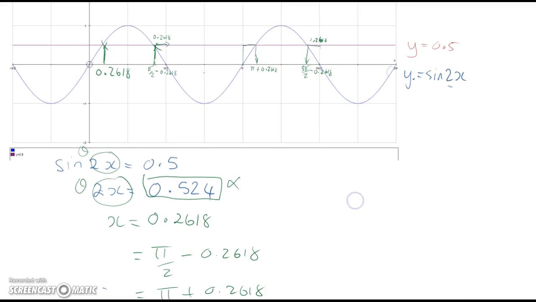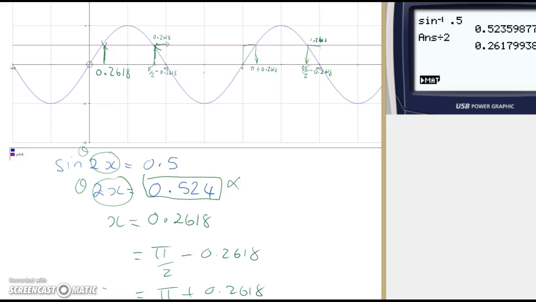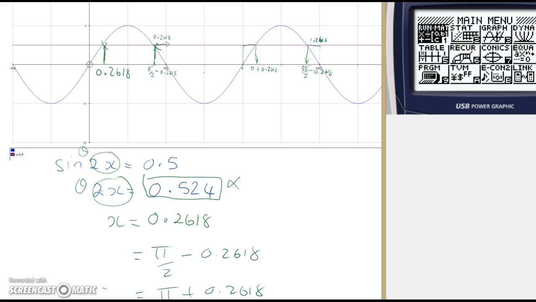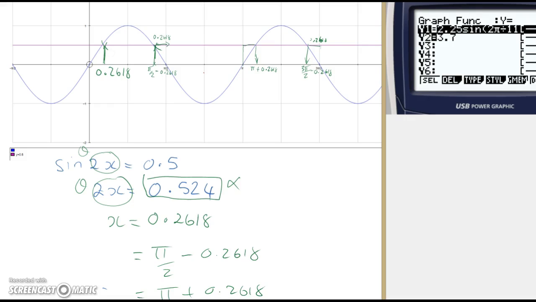Remember, I could also have got all of those answers if I went into my graph mode and went sine 2x, enter, 0.5, draw.